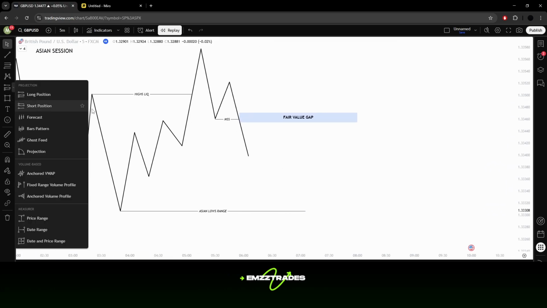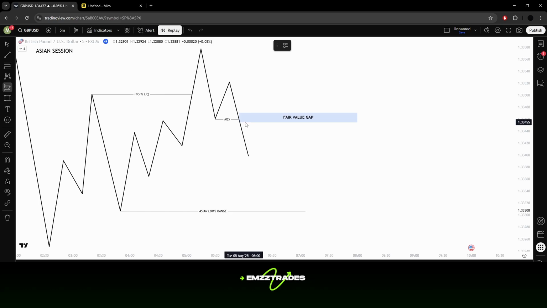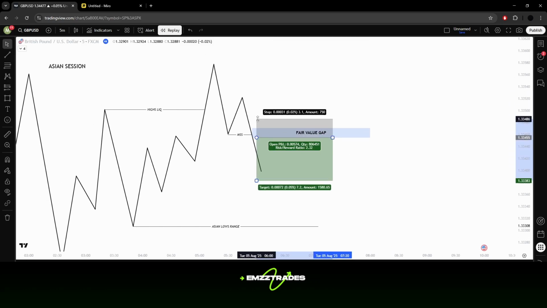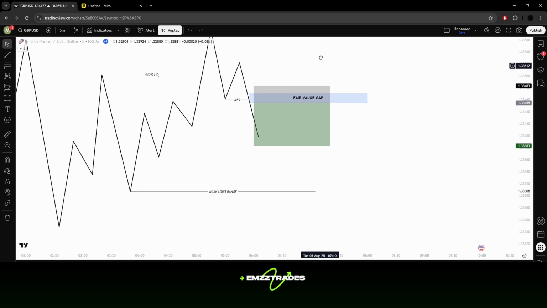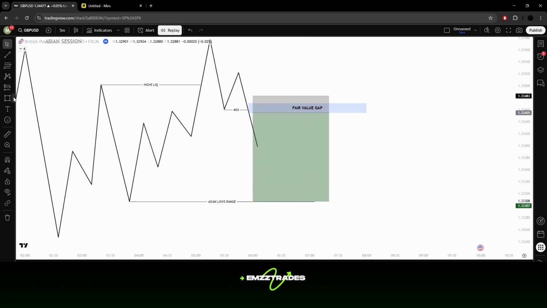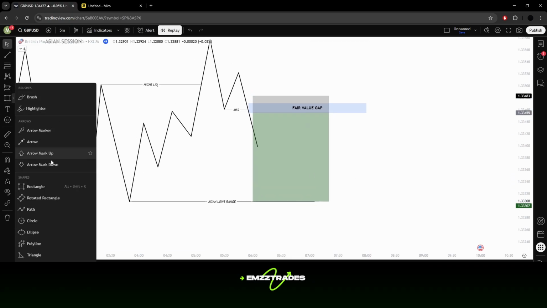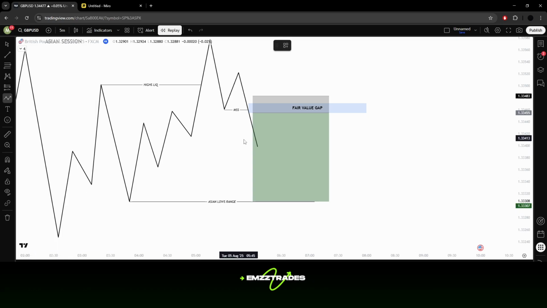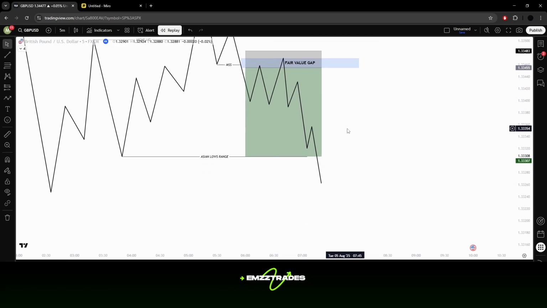So what you're going to do now is short position this right there, placing your stop loss just anywhere around this area right here, and placing your take profit at the Asian session's lows. Right there. So now all you're going to be doing is waiting for price to come back down into the area, just like this, enter your fair value gap, maybe enter it twice, and then it will go down completely, smashing your take profit.